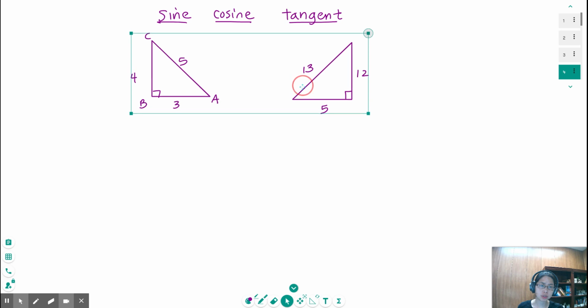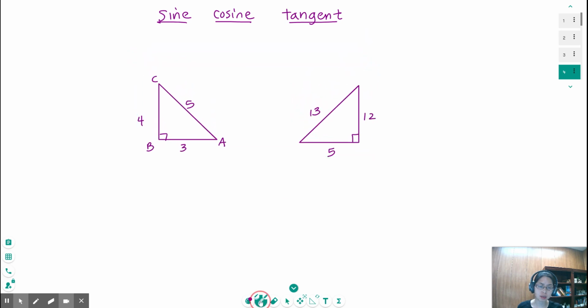Sine, which has an abbreviation of sin, is going to be opposite over hypotenuse. Sine is a function, so you need an angle. Let's use our general angle symbol, theta, to show that theta is the angle for sine.